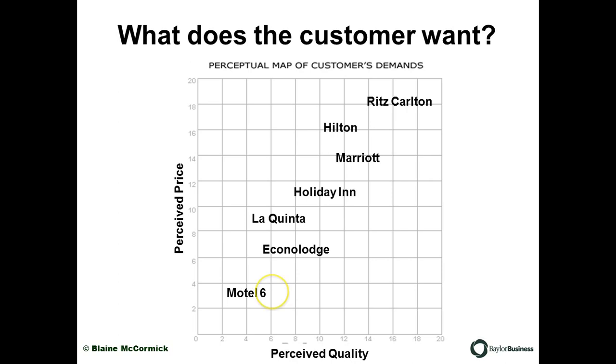And you can see how the motel brands map across a 2x2 of price and quality. And as customers are more interested in quality and price, their preferences shift toward Hilton and Ritz-Carlton, where if it's an economic contraction and they're more interested in saving money and having lower quality experiences, then the opportunity would move toward Econo Lodge and Motel 6.